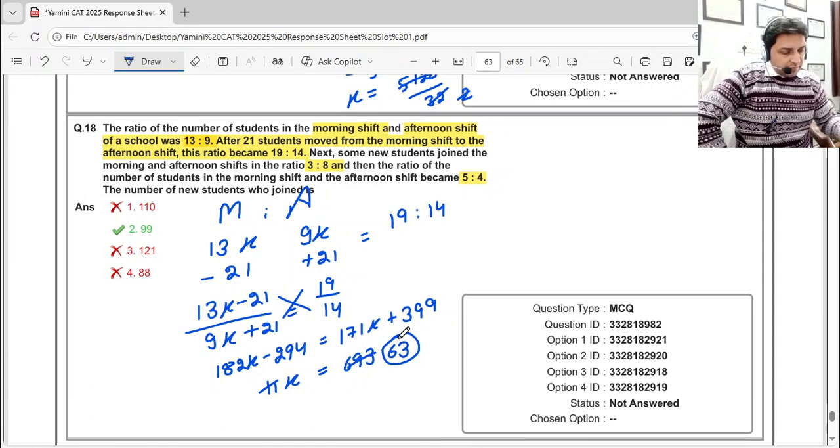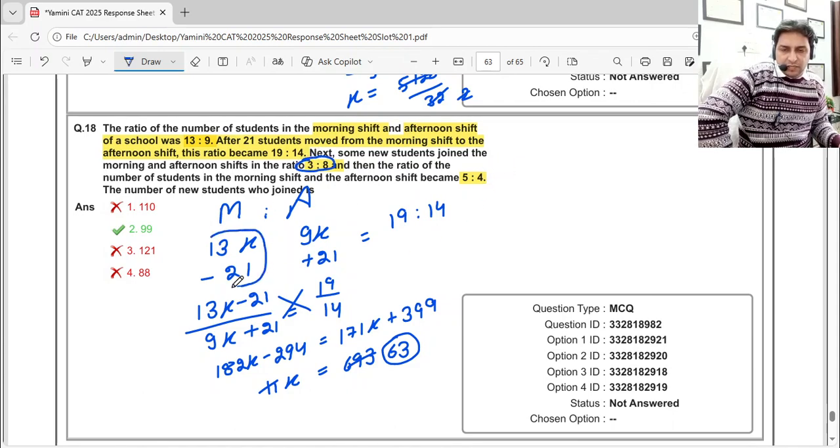Now they say next some new students join the morning and afternoon in the ratio 3 is to 8. Now the ratio becomes 5 is to 4. Now let's see how many these people are.